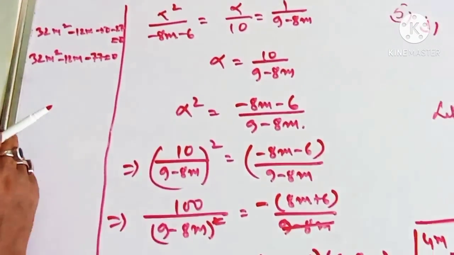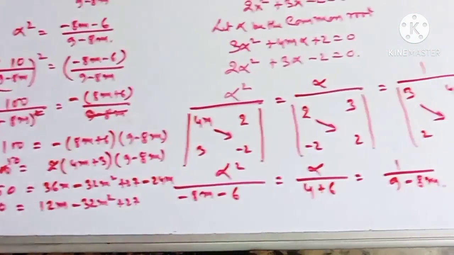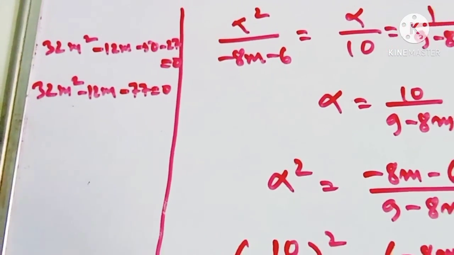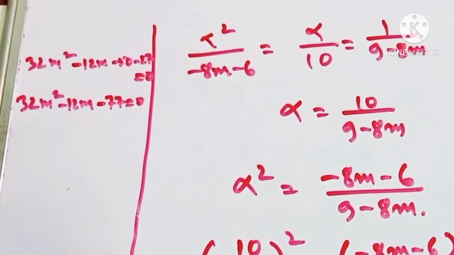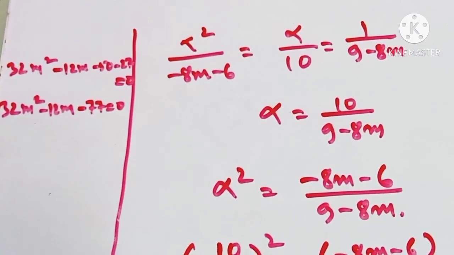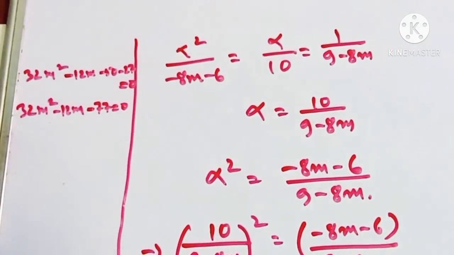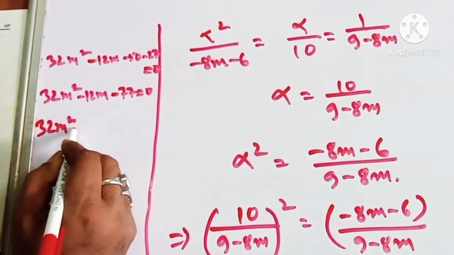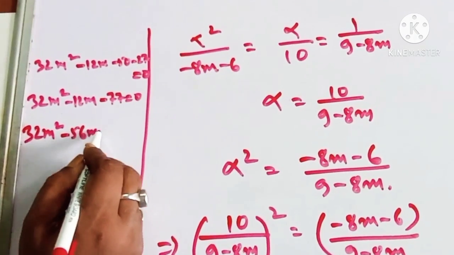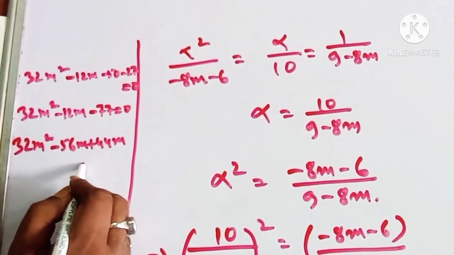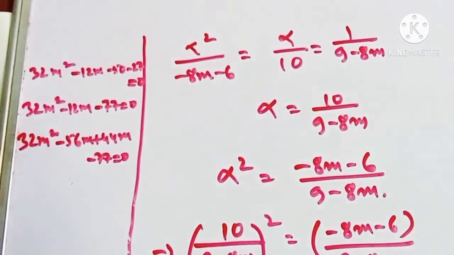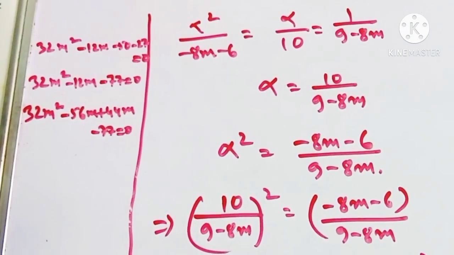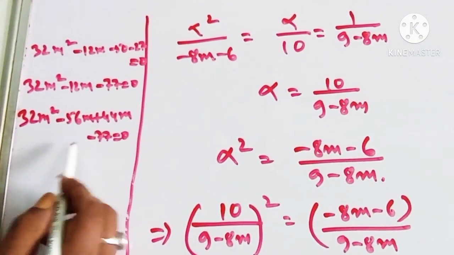I think some mistake has taken place somewhere. Now see, 32 into 77 is 2464. So splitting the middle term, this will be minus 56m plus 44m minus 77 equal to 0. You can see 56 into 44 gives the same, so this is correct.